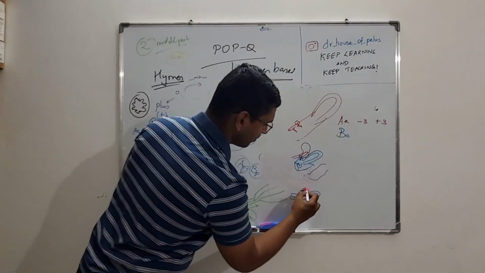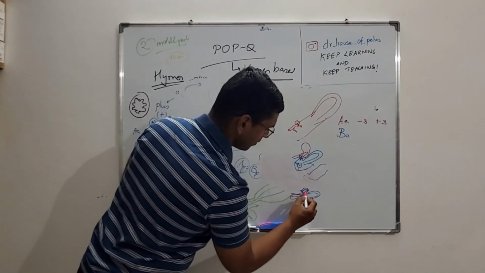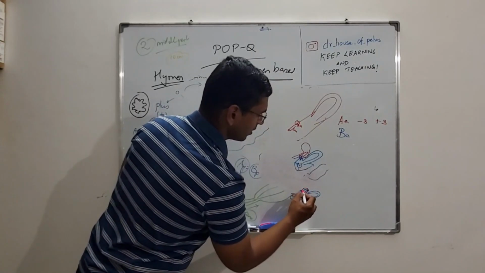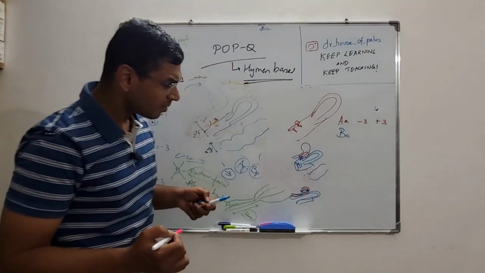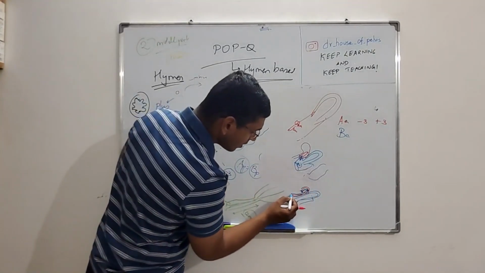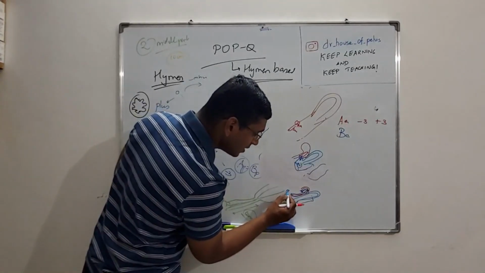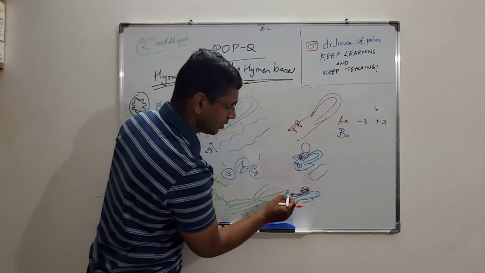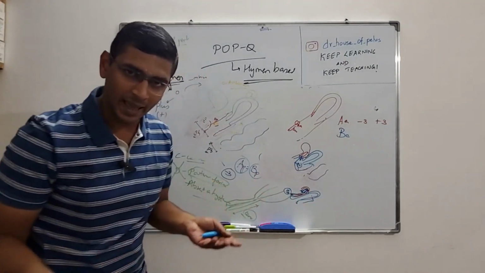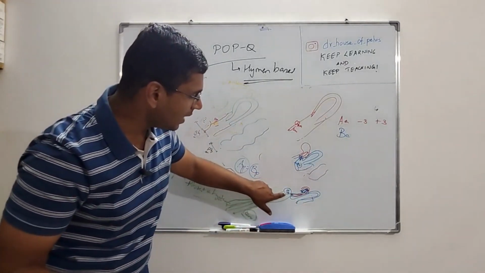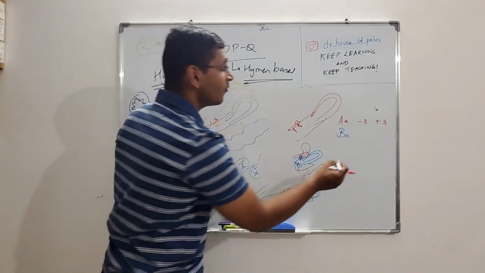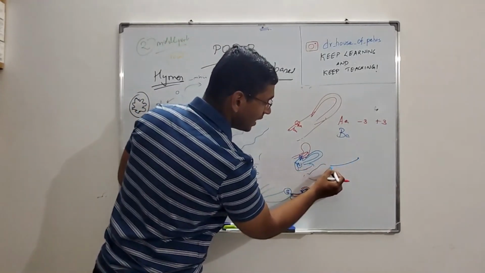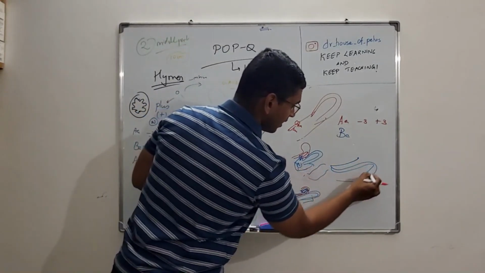And the bladder will be completely here, right? This is the complete prolapse, and this point BA comes here. This is the most dependent point in the anterior vaginal wall. So this is the point BA, and this point BA will be a maximum length of what? The vagina can completely avert out like this, right?